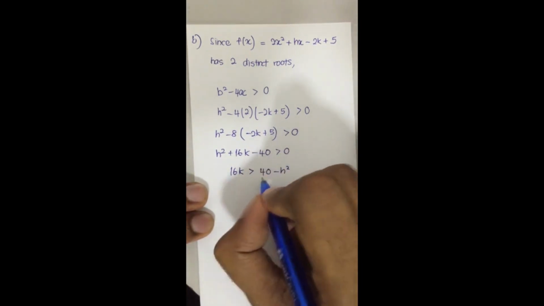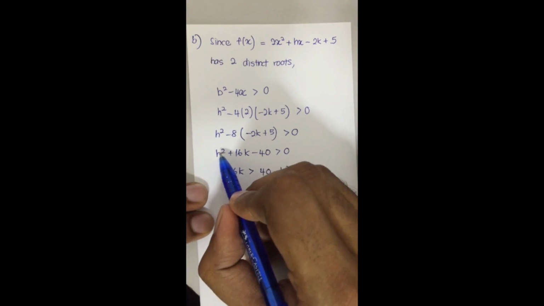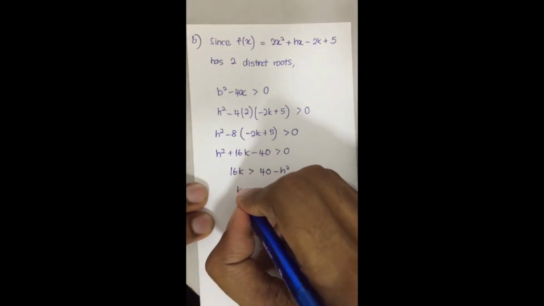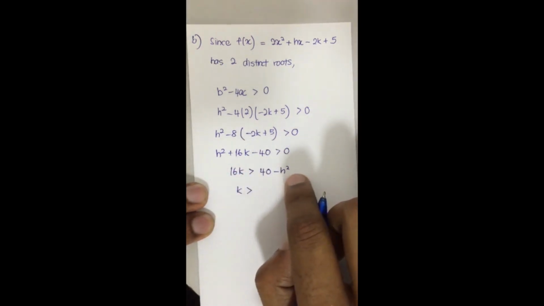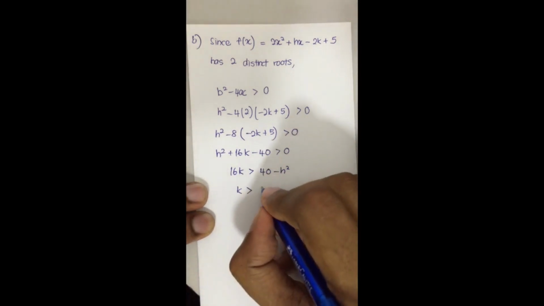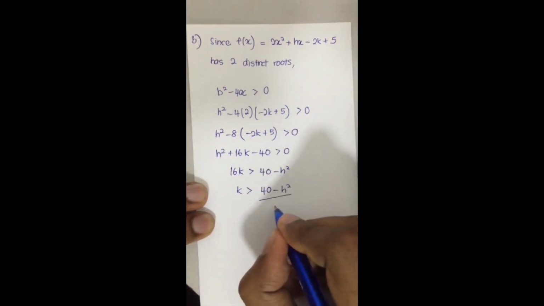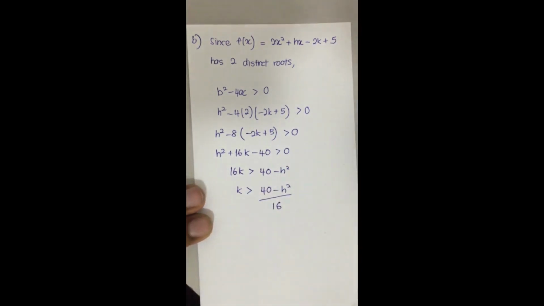The minus 40 becomes positive, and the positive h squared becomes minus h squared. To get k, what you do is divide 40 minus h squared by 16.